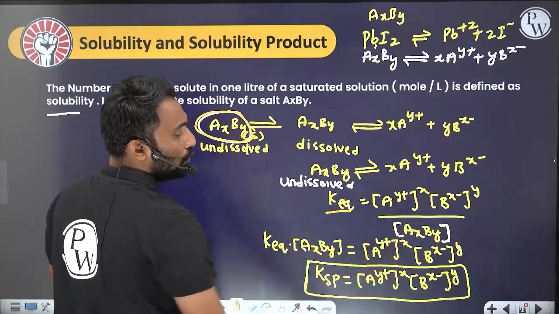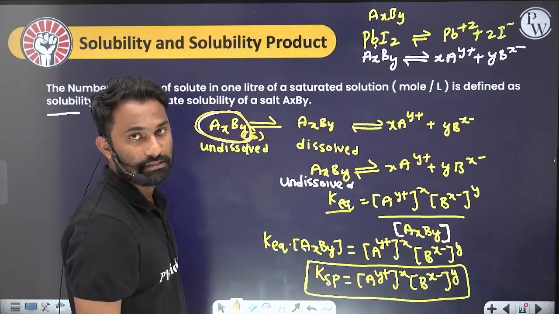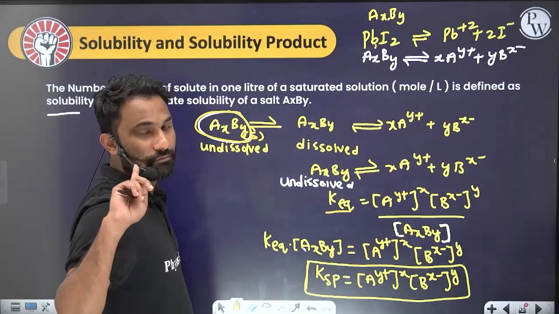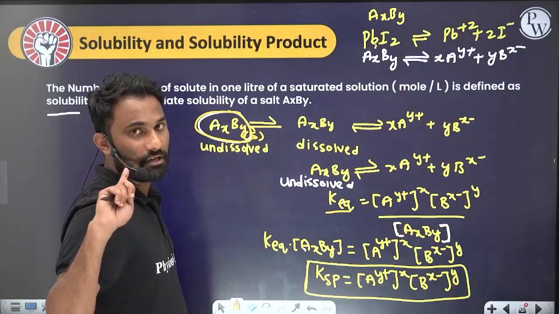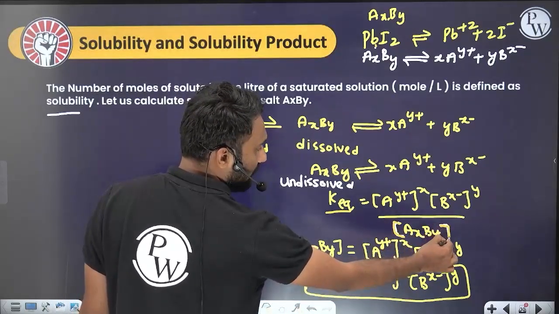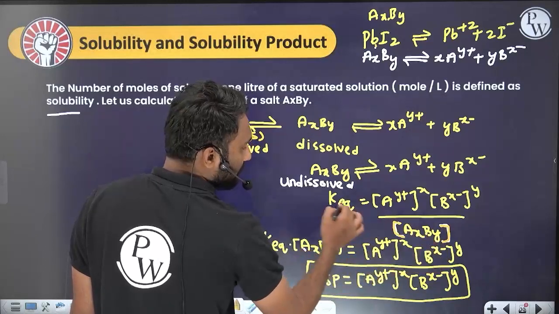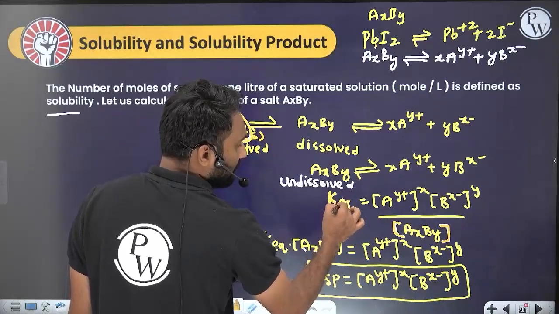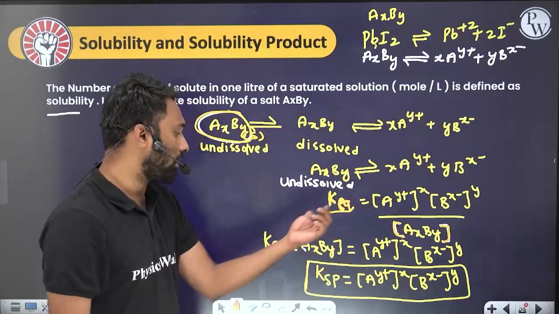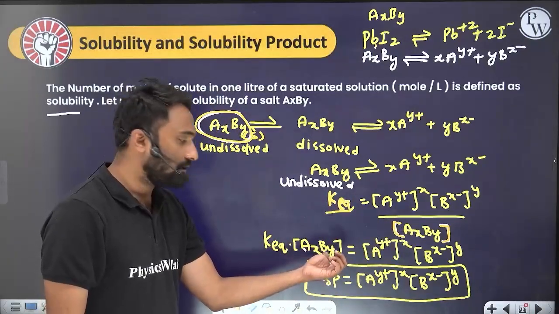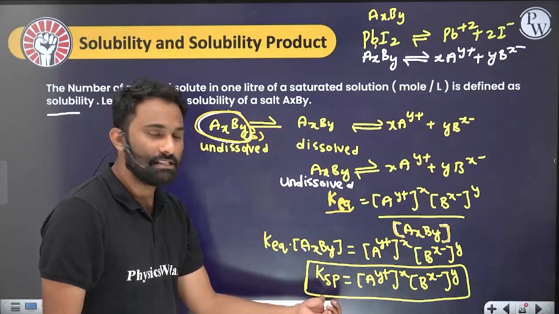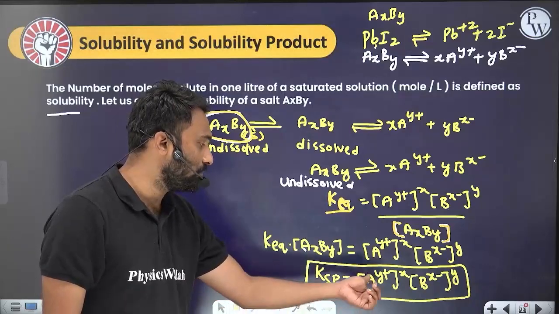I told you in the law of mass action, the activity coefficient for pure solids and pure liquids is constant. So this is a constant, and this K equilibrium is one new constant. Product of one constant and another constant gives a new constant, that is Ksp.